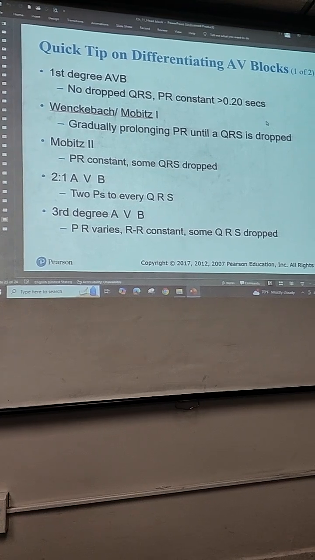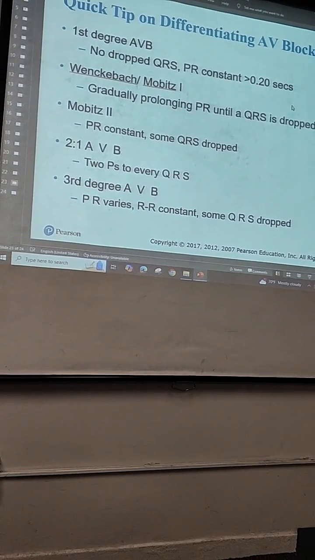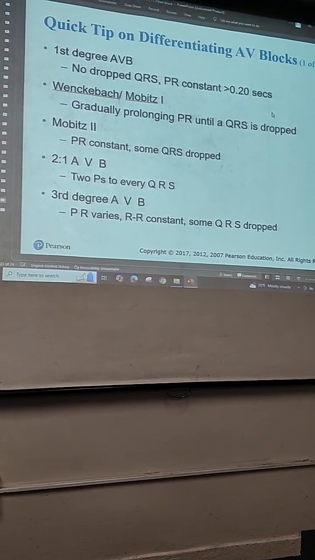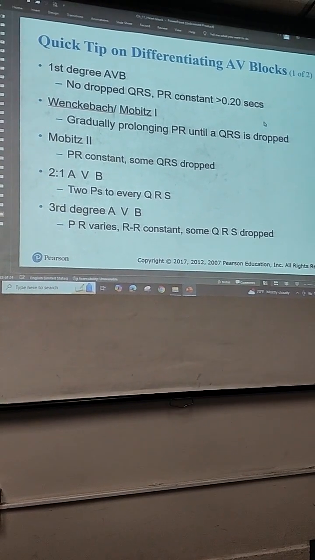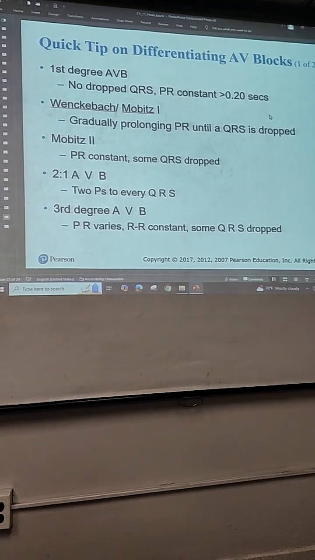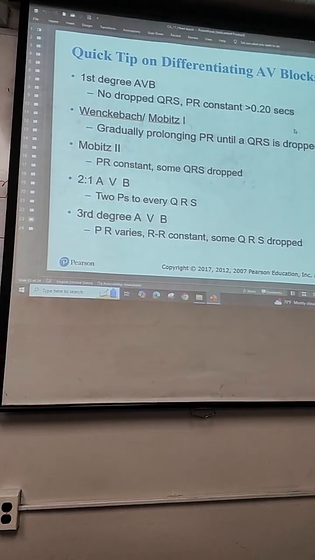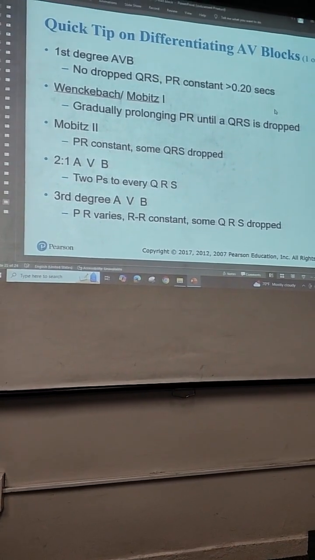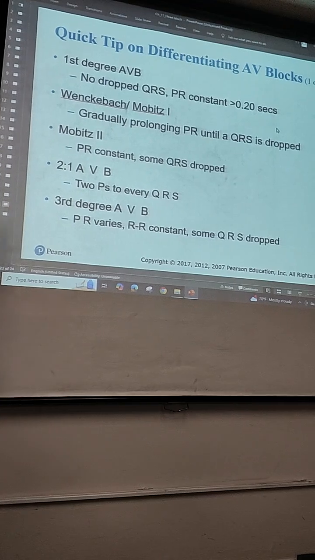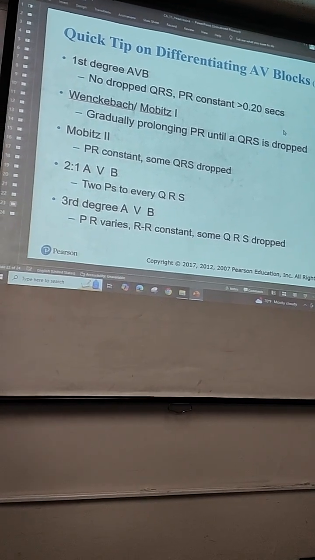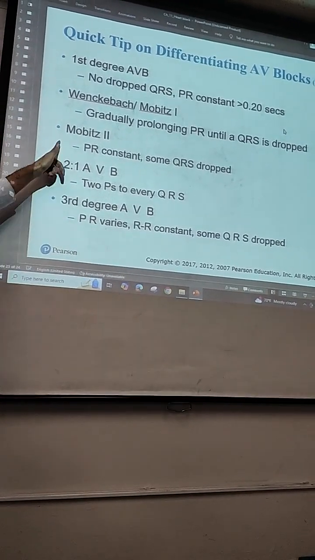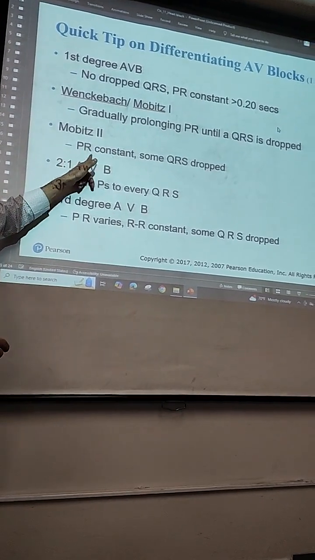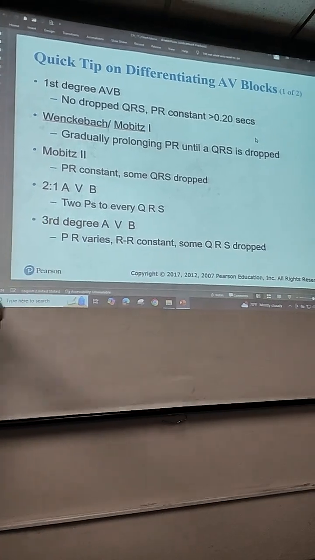So remember, Wenckebach is the same as the Mobitz 1. And the Mobitz 1 is the one where the PR interval is progressing, then it has a drop. No, it's not constant. Remember, it's gradually prolonging. Mobitz 2, the PR is constant, but it drops QRS.